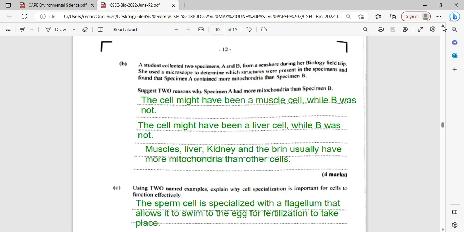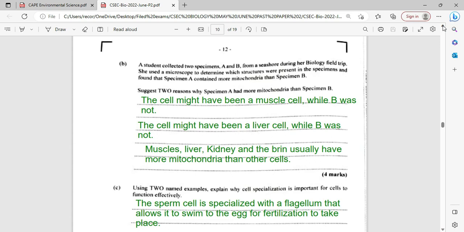I'm not too sure if it's a 96 paper or somewhere there, but I would have seen this question sometime somewhere around the place. Could have been a multiple choice, could have been a paper 2, but I've seen this question before. So, give 2 reasons why specimen A had more mitochondria than specimen B.